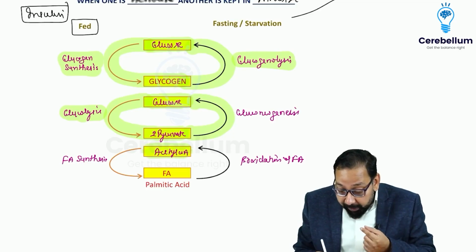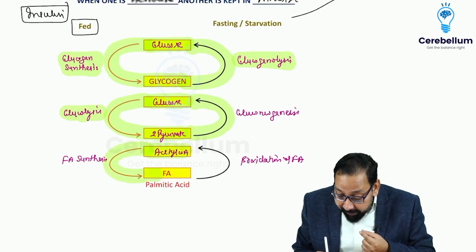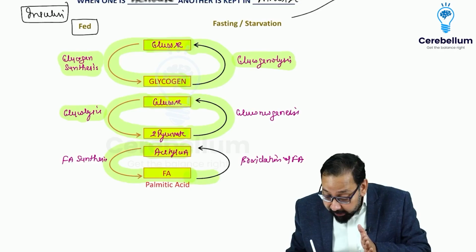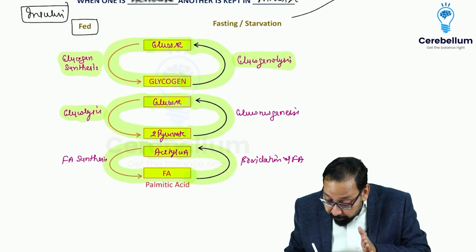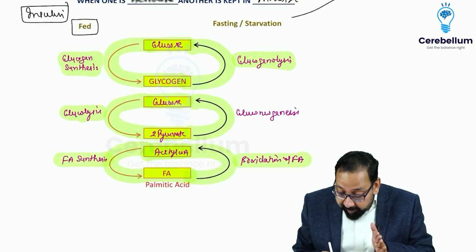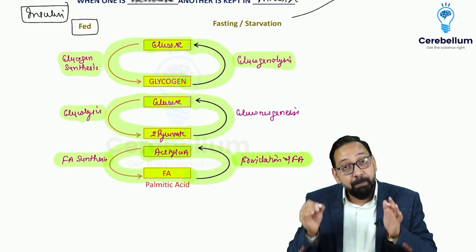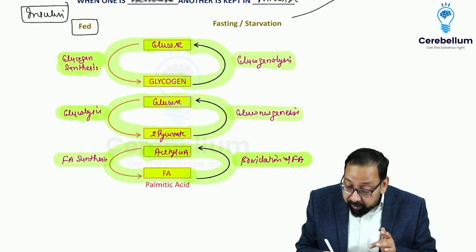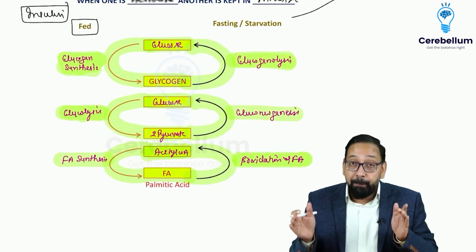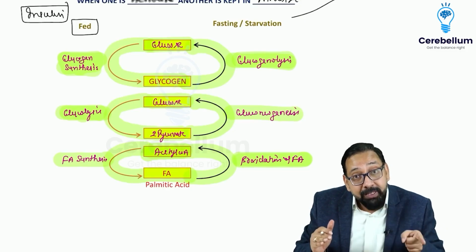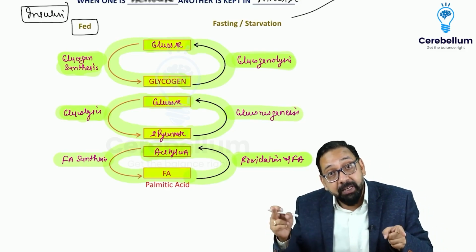Acetyl coenzyme A joins to make fatty acid synthesis, and beta oxidation of fatty acid converts fatty acid to acetyl coenzyme A. So fatty acid synthesis and beta oxidation are opposite pathways. Glycolysis and gluconeogenesis are opposite pathways. Glycogen synthesis and glycogenolysis are opposite pathways. These must be regulated in such a way that when one is activated, the other is kept in an inhibited state.